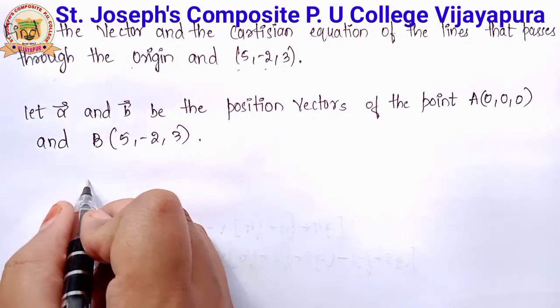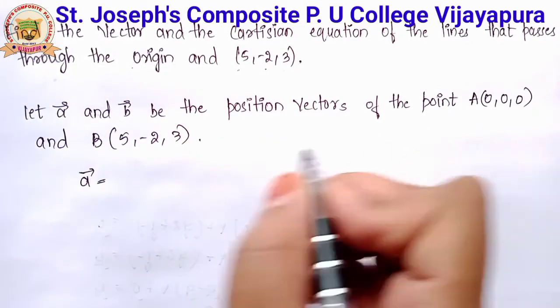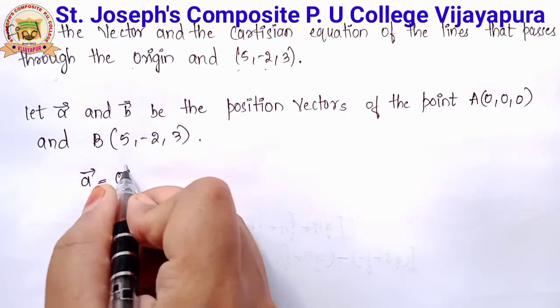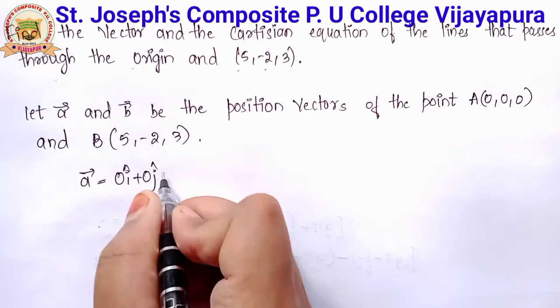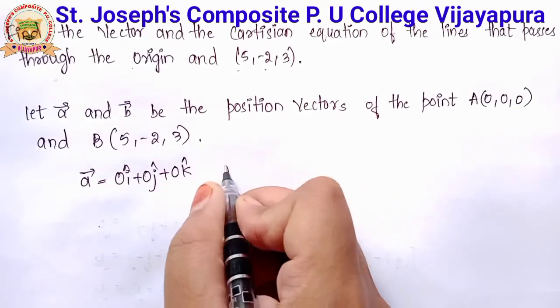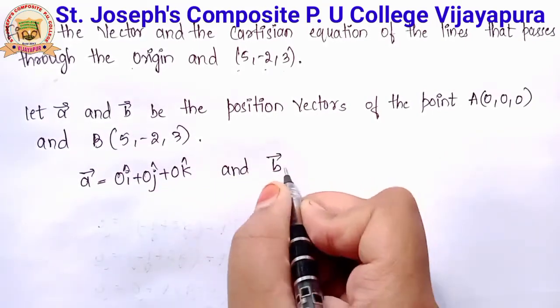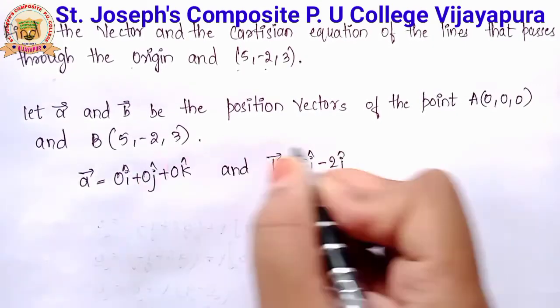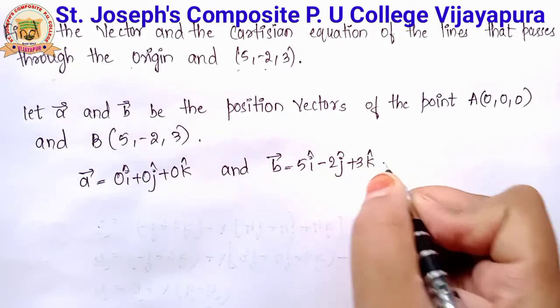Then vector A can be written as 0i plus 0j plus 0k, and vector B as 5i minus 2j plus 3k.